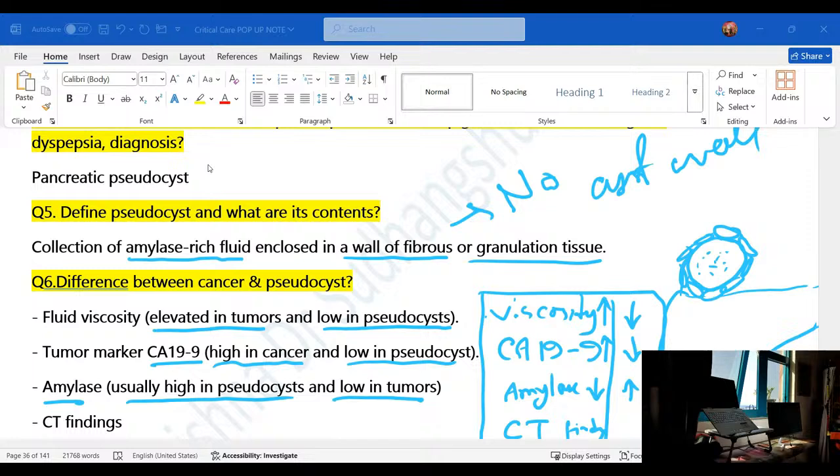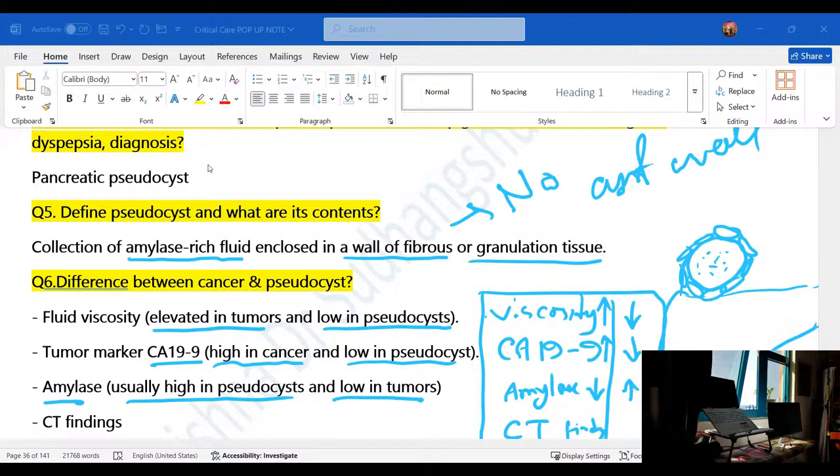And amylase will be high in pseudocyst, but low in cancer. Four things: fluid viscosity, tumor marker CA 19-9, amylase, and CT finding.